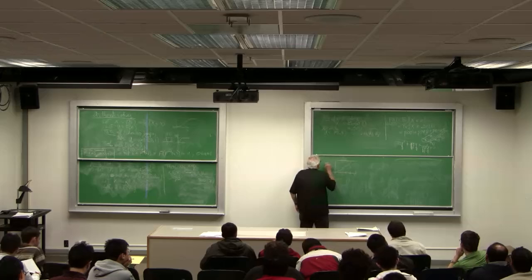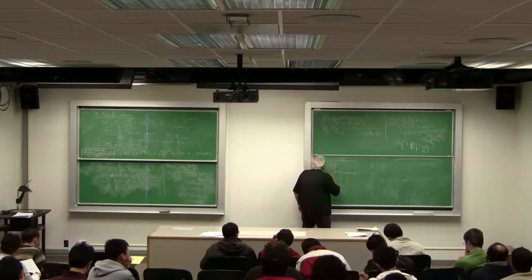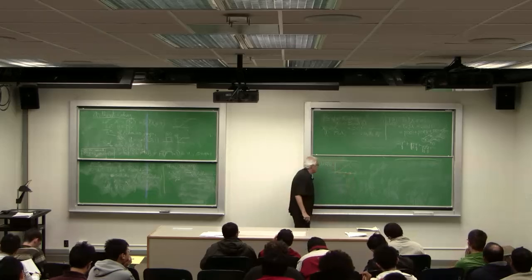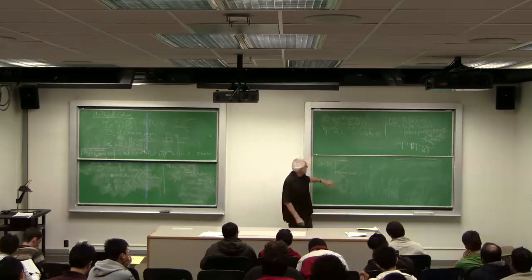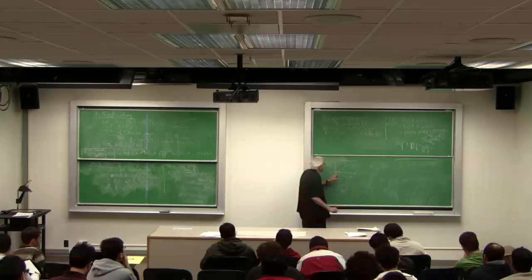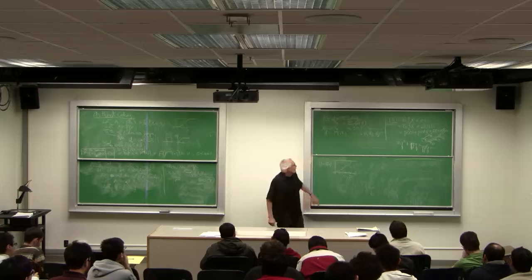This is F of X, or this is U equals F of X, and here's X, drawn according to whatever distribution F it is. And U is uniform.